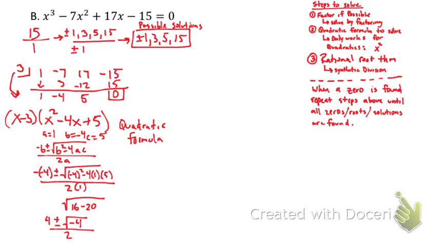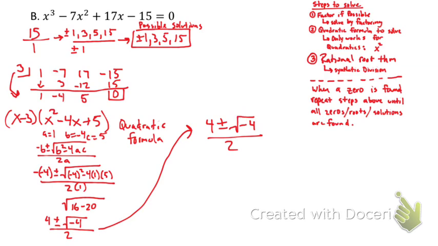Okay? So I'm going to continue this over here. So now we have 4 plus or minus the square root of negative 4, all over 2. We want to clean up the square root of negative 4. Remember, this is a negative square root, which we are unable to do, so we have to turn this into a complex answer, which means there has to be an i here.